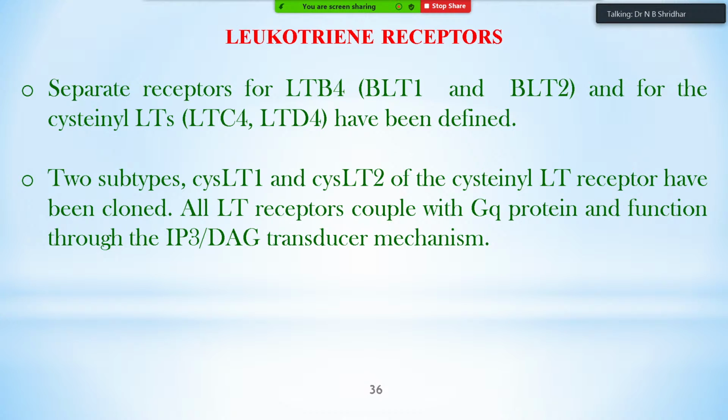And for the cysteinyl LTs, LTC4 and LTD4, the receptors have been very well defined. Two subtypes are there, CysLT1 and CysLT2, which are the important receptors as far as the leukotrienes are concerned. All the leukotriene receptors are coupled with Gq protein and function through the inositol triphosphate diacylglycerol transducer mechanism.